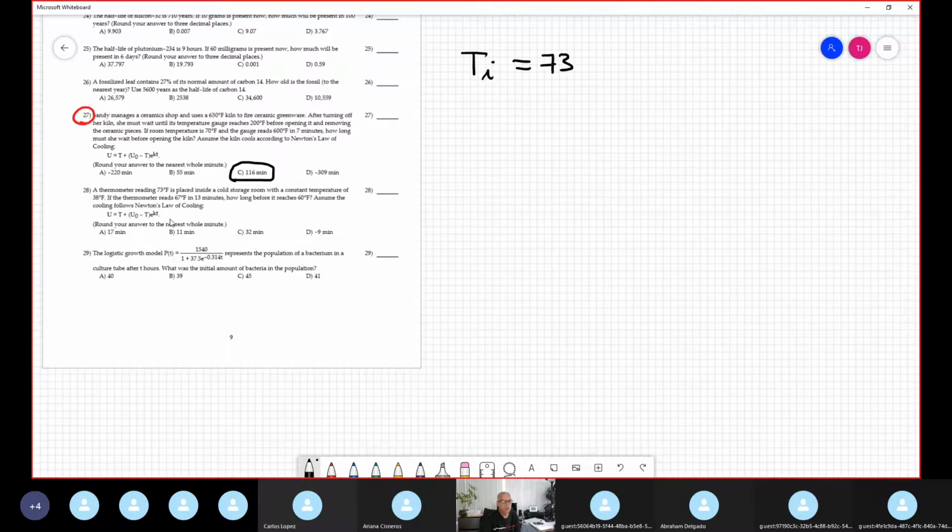Now we are doing problem 28, no? And the final temperature is always the temperature of the room, no? Cool storage with a constant temperature of 38.